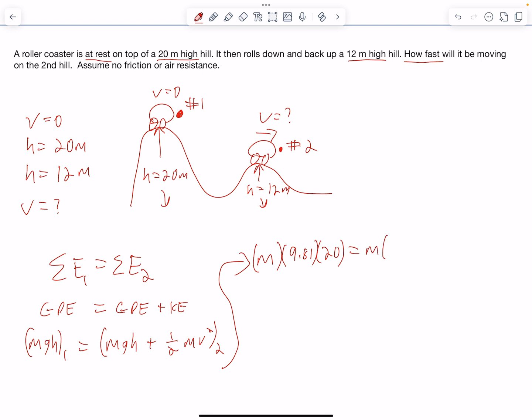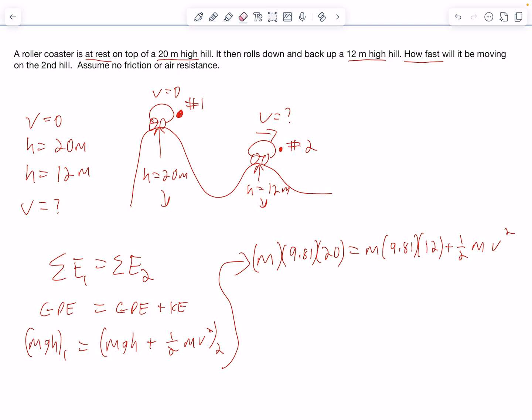So I'm going to call it m. 9.81, 12, plus 1/2 m v squared. All right, I don't know the mass. I didn't freak out and just stop. I just keep the pencil going and I write it out and I put the m in there.